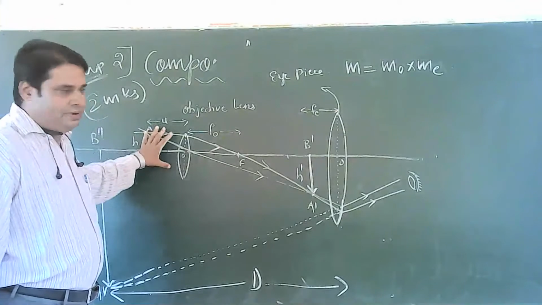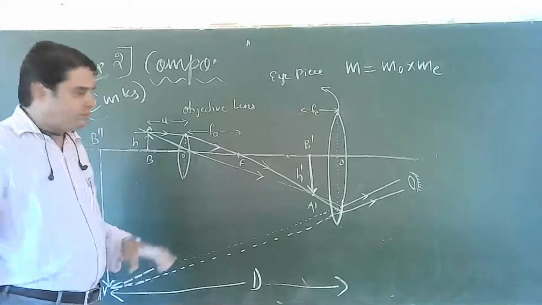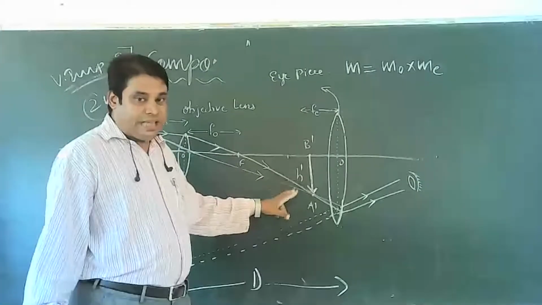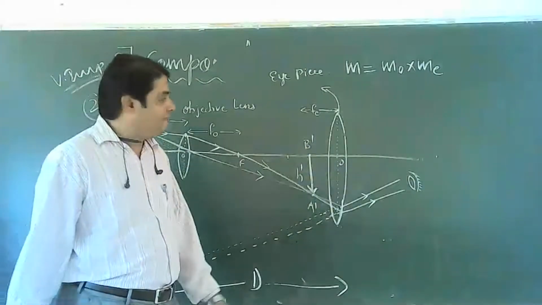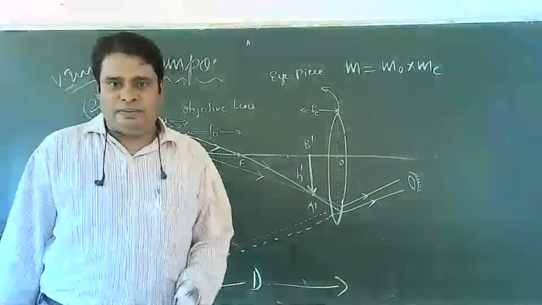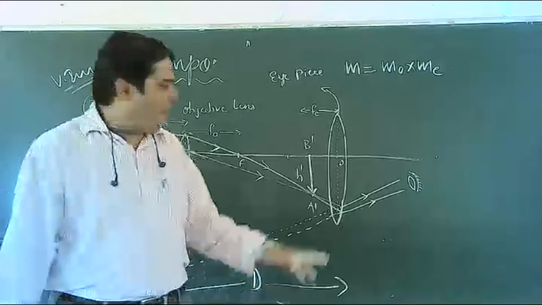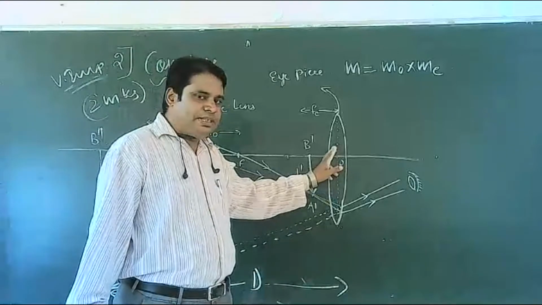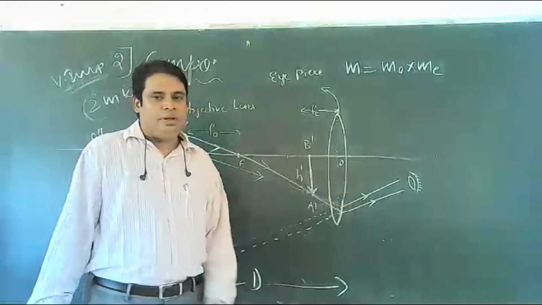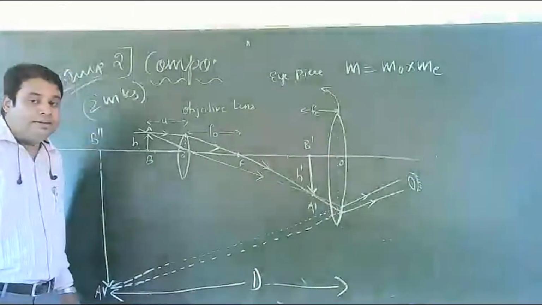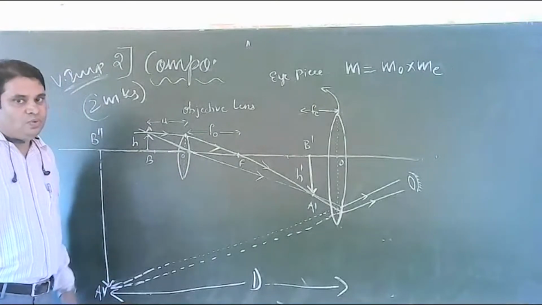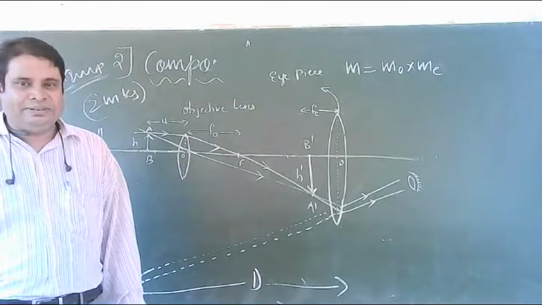An object is placed in front of your objective. An image is formed. This image acts as an object for the second lens, which is the eyepiece. If the image formed is exactly at f, then this lens will produce the image at infinity. If it is between f and o, then your image will form on the side of your object, which is virtual and erect.